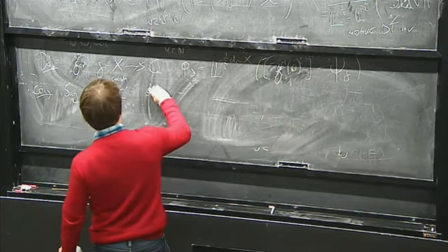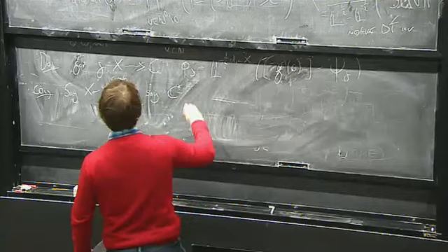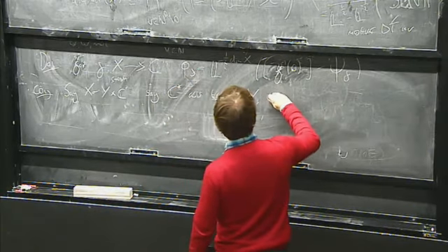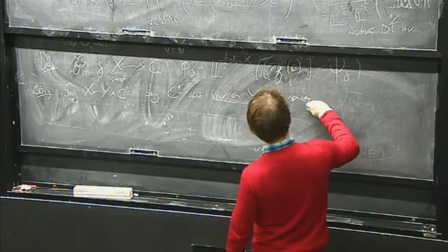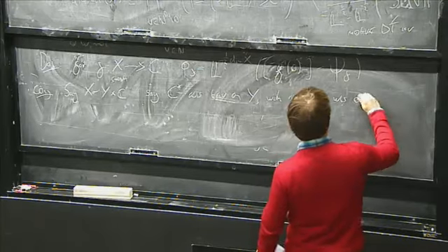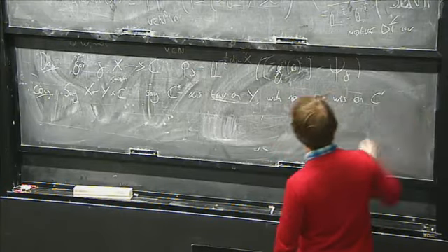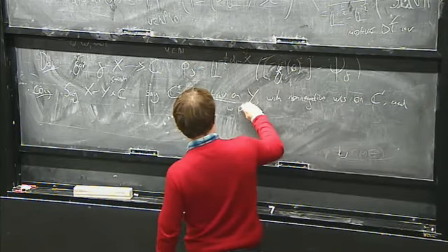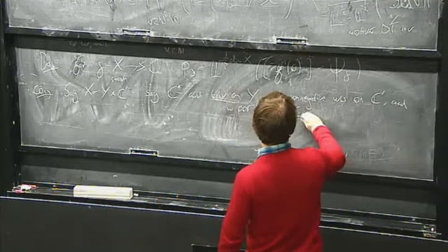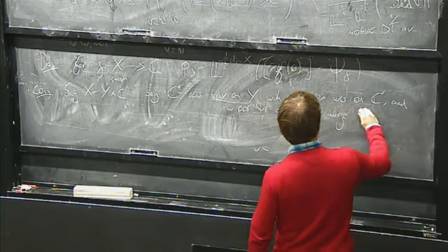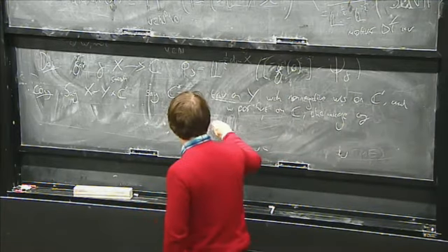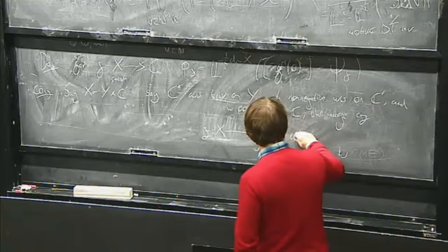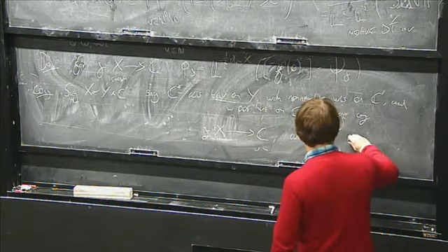And say C star acts on everything in sight, acting trivially on Y, with non-negative weights on each of my factors of C, and with a positive weight on a further copy of C, the image of F, where F goes from X to C, and assume furthermore that F is equivariant with respect to this action.